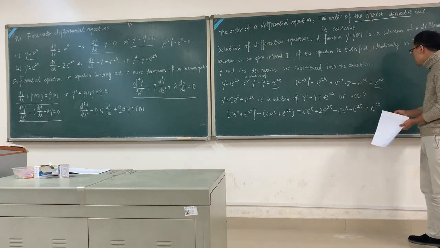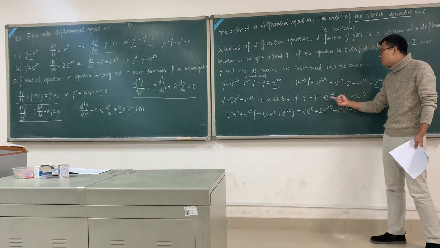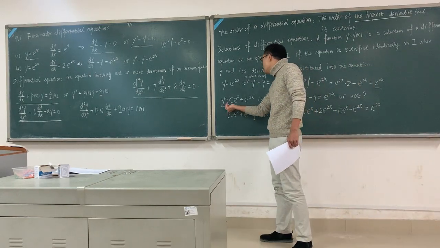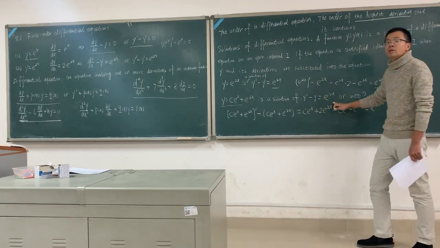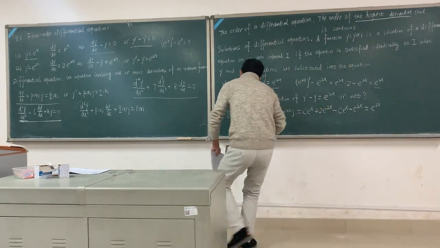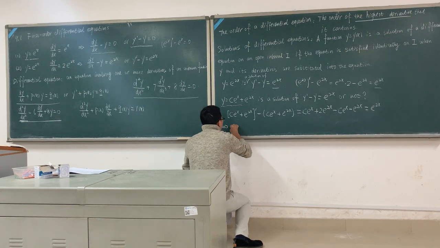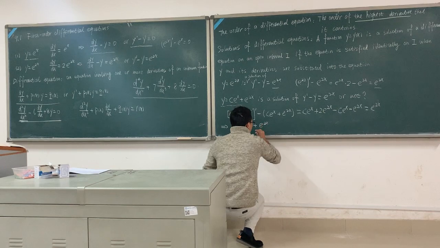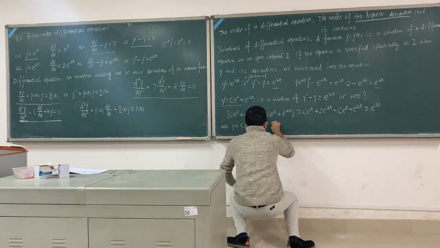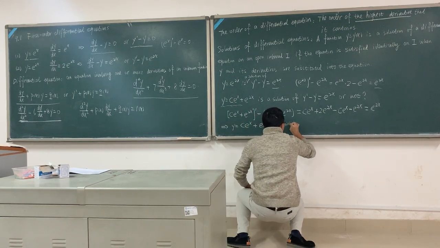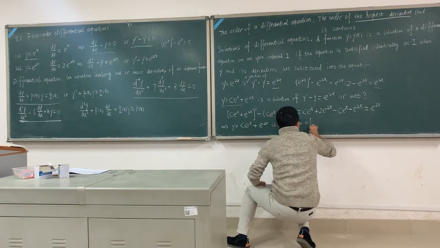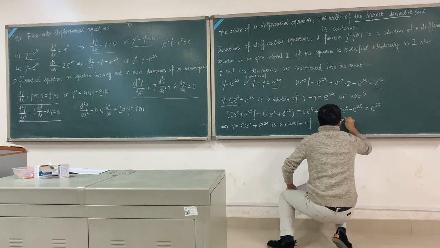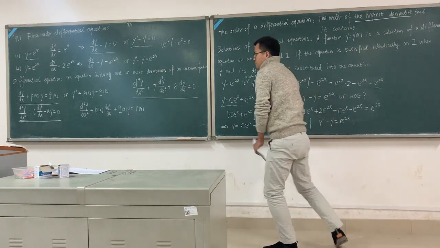So from here we can see here is e^{2x}, here is e^{2x}. So this function is a solution of this equation, yeah? Yes. So we have the conclusion that y equals c e^x plus e^{2x} is a solution of the equation y prime minus y equals e^{2x}.